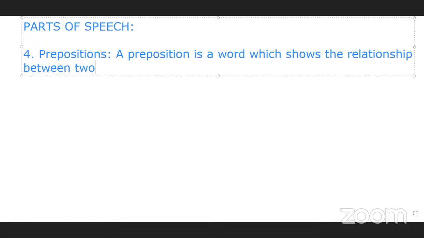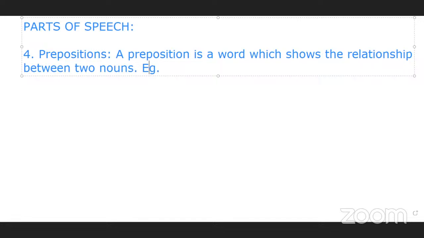Okay. Prepositions link a noun to another word, right? Okay, so link a noun to another word.